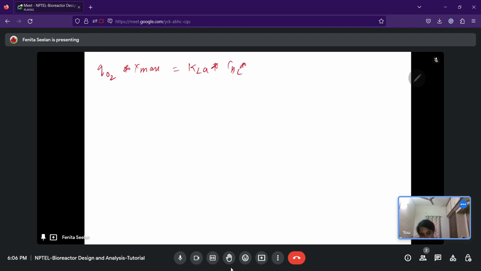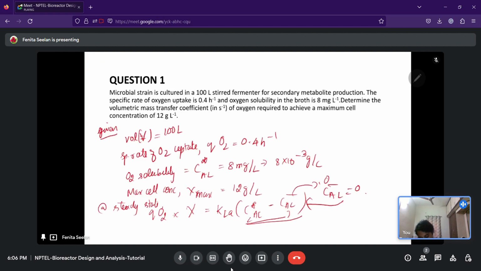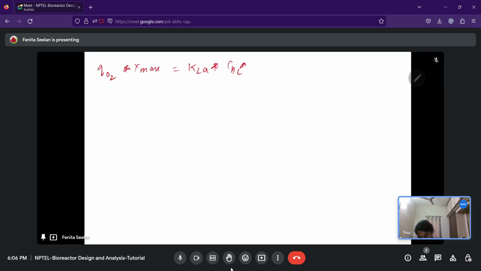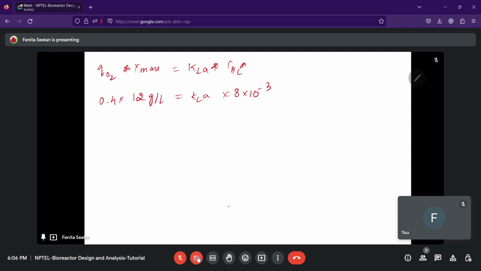Now we substitute the values. What is the value of QO2? It is 0.4, into X max, which is 12 gram per liter. KLa we don't know, and CAL star is 8 into 10 to the power minus 3 gram per liter.